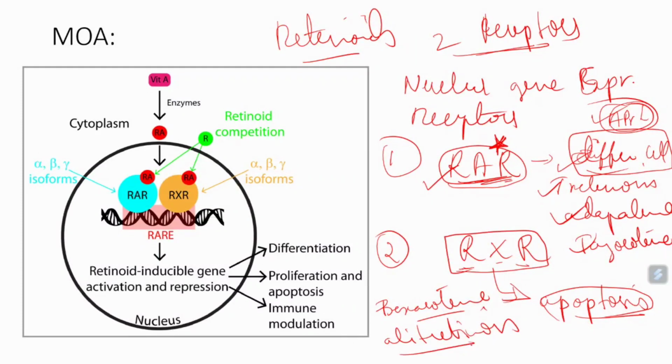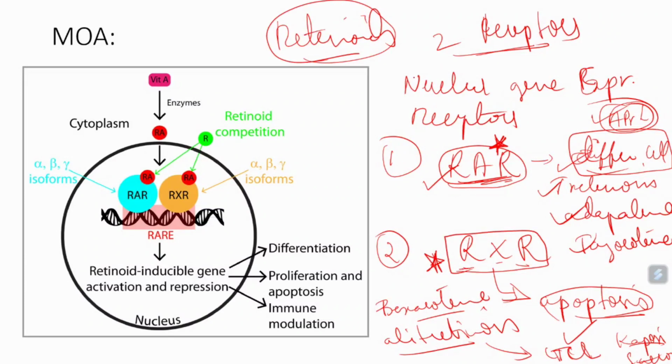These two drugs activate the RXR receptor, and with that it induces apoptosis. That's why these drugs are used in CTCL, cutaneous T cell lymphoma, which we have discussed in previous classes, and it is also useful for sarcoma.